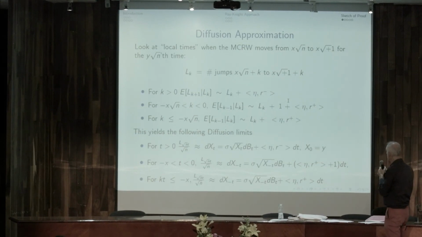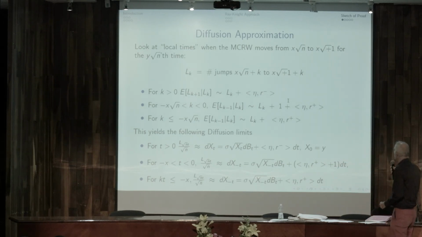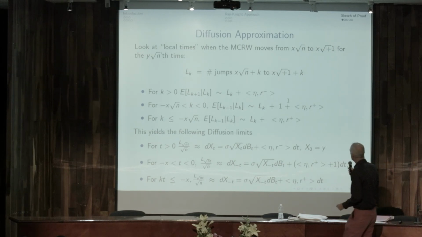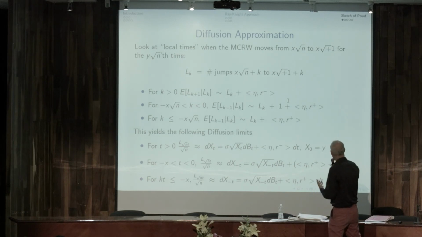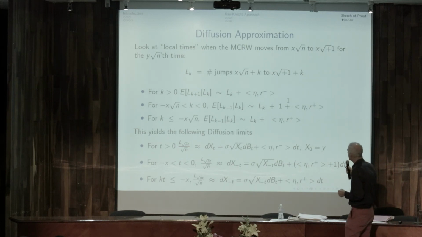So now, again, I want to look at the diffusion approximation. Let's suppose I'm going to look at things for our cookie random walk. As you move, I'm going to scale things diffusively. You look as you move from x square root of n to x square root of n plus 1, sorry for the typo, for the gamma square root of nth time.